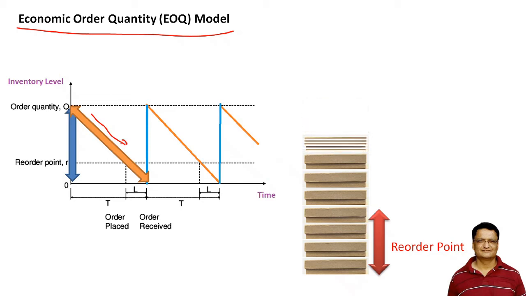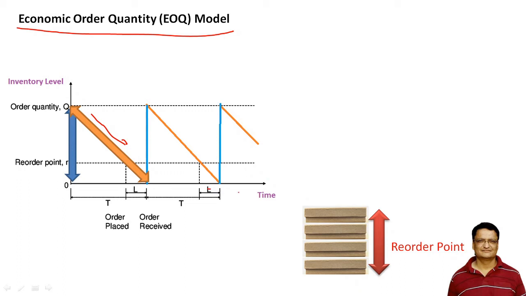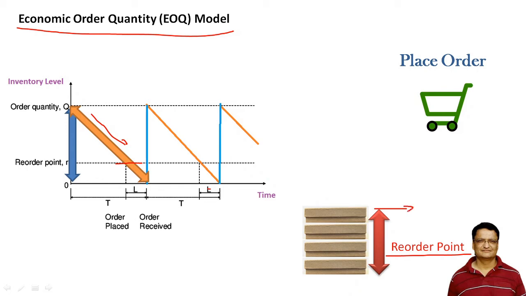Okay, now the reorder point is a quantity of items, or a time, at which you place the order beforehand. This is the point represented here, which we call the reorder point.